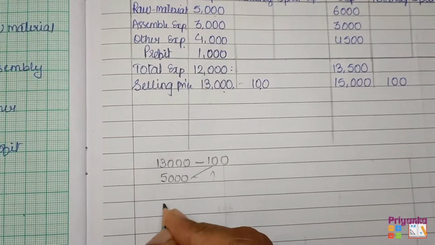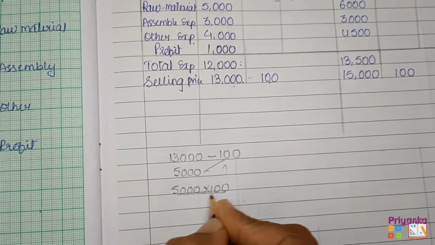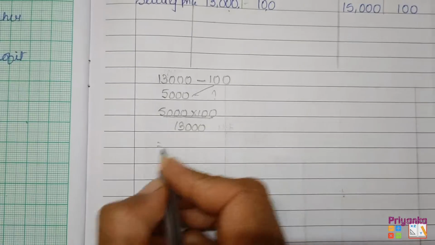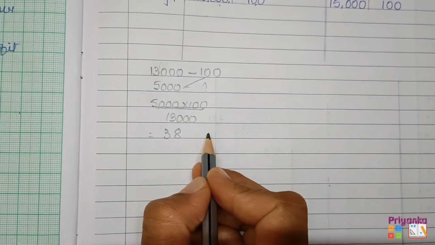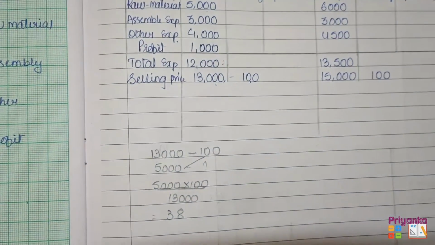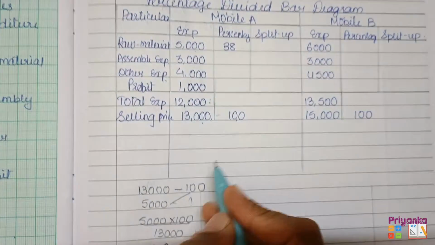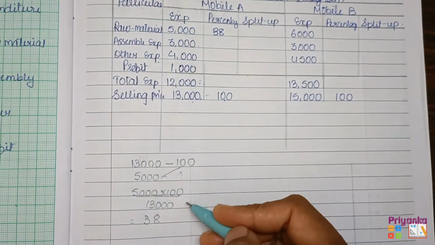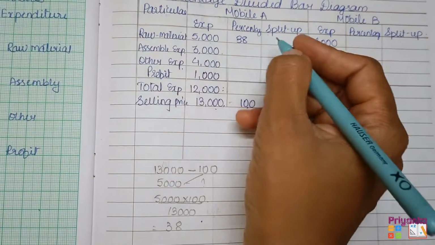Let's go with the cross multiplication, that is 5,000 into 100 divided by 13,000. Here you will get 38.46, but don't write that 46, just keep the 38 to give the correct percentage mark in the question. So here we'll write down 38. In the same way, go with the other calculation, 3,000 multiplied by 100 divided by 13,000. You will get 23.0.